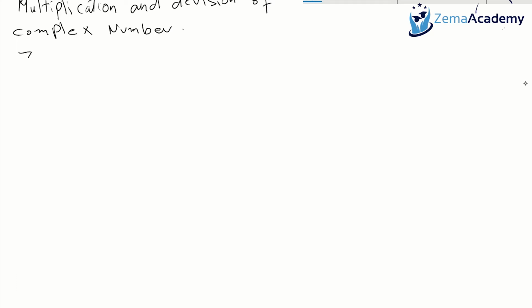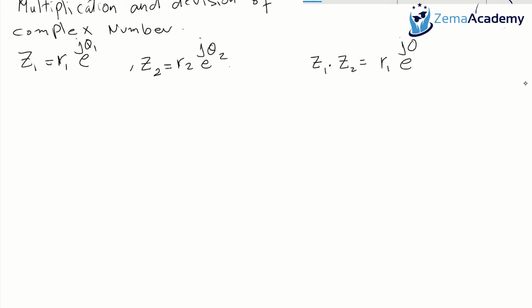If you have a complex number z1 is r1 e^(jθ1), and another complex number z2 is r2 e^(jθ2).